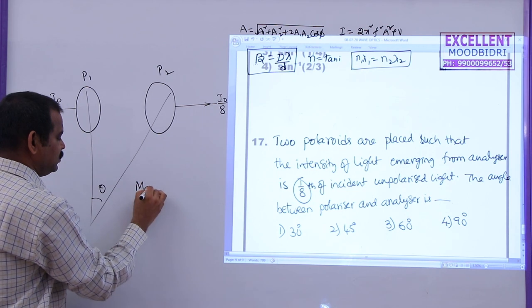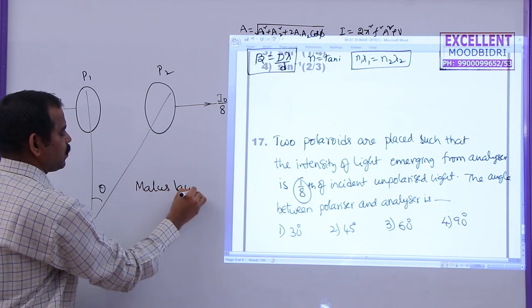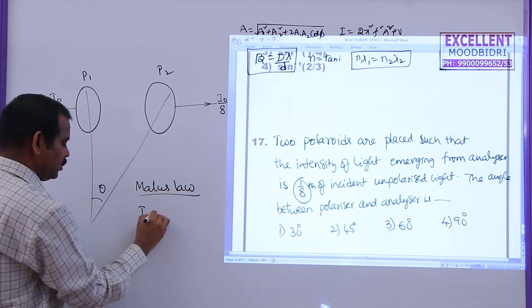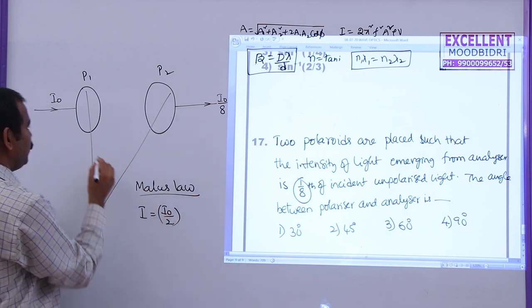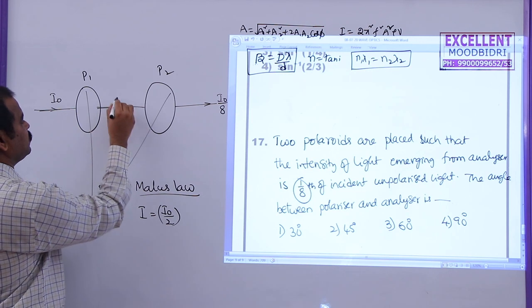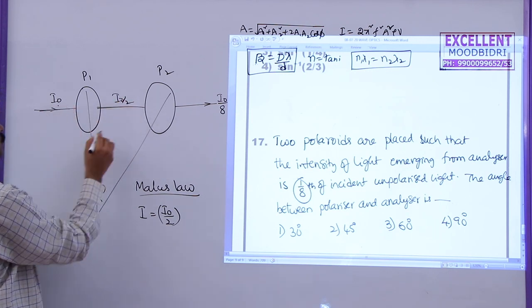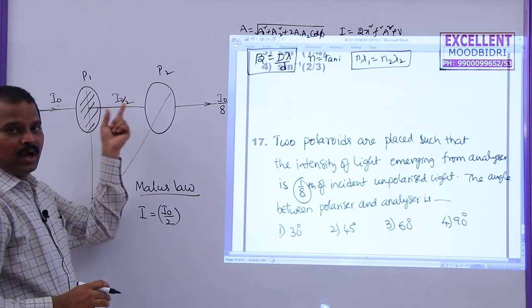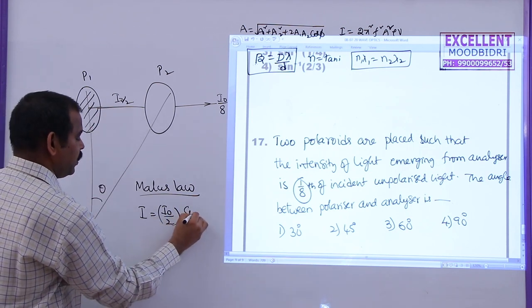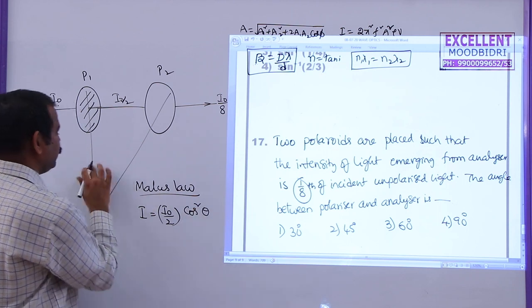According to Malus law, the intensity of the light emerging from the analyzer is equal to I naught by 2. Why? Because if it is I naught, the light emerging from the polarizer is always half of the intensity of the incident light. So I naught by 2 cos square of the angle between these two.